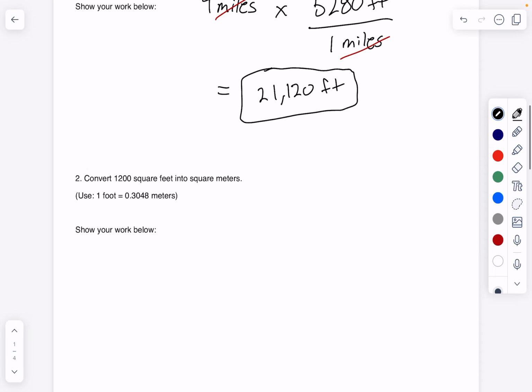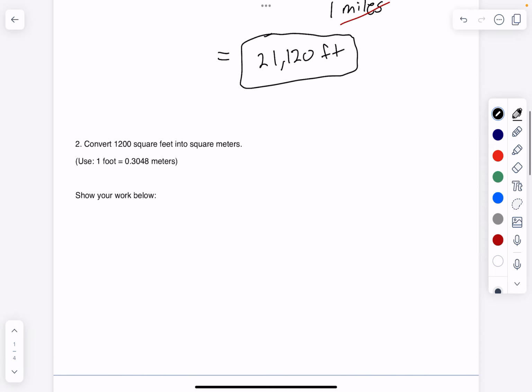Then moving on to the next one is convert 1,200 square feet into square meters. And we'll use that 1 foot is equal to 0.3048 meters. It's probably too precise, but 0.3048 meters. So the first thing that we'll do is we'll take 1,200 square feet, and this one we can't just multiply straight across. We have to be sure that we have the same units.